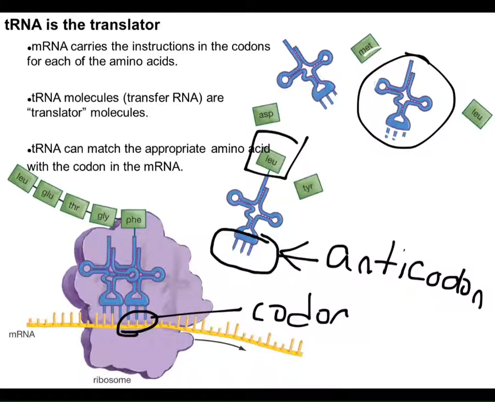Because this is how the mRNA and the ribosome are able to translate that message. When it sees three letters, the correct tRNA comes in, and every tRNA is different, and it carries with it the correct amino acid into the ribosome, and now we continue to build that protein one at a time.